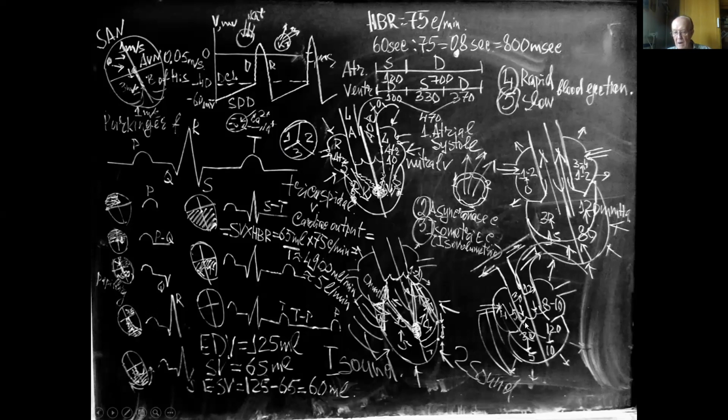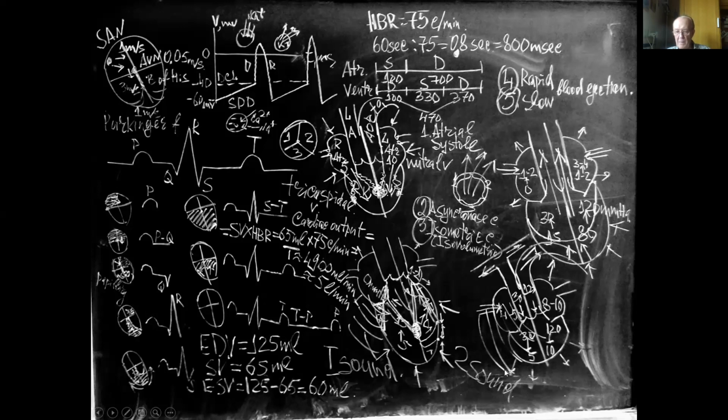When the semilunar valves are closed, they are closed very rapidly with the help of the large pressure in the systemic arteries. They start to vibrate, and we hear the second sound. Tuk tuk, tuk tuk. The second tuk, this is the second sound. That's why the first sound is the closure of the atrioventricular valves, tricuspid and mitral valve, at the same time.